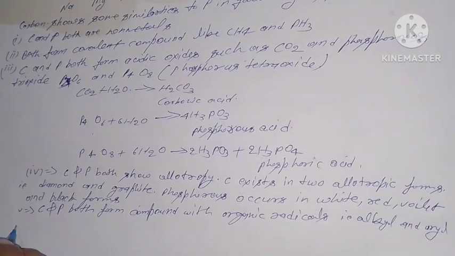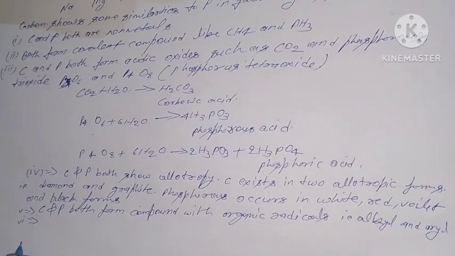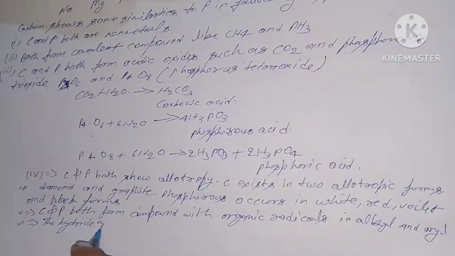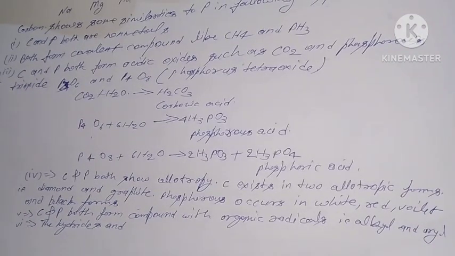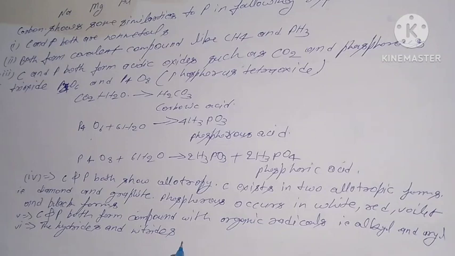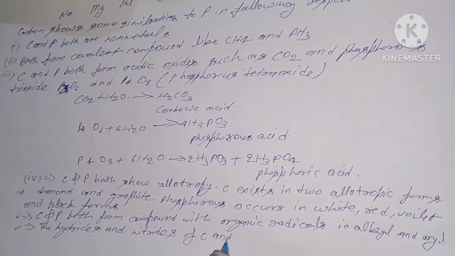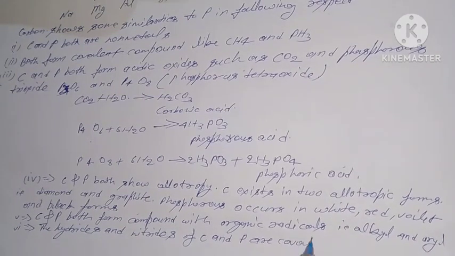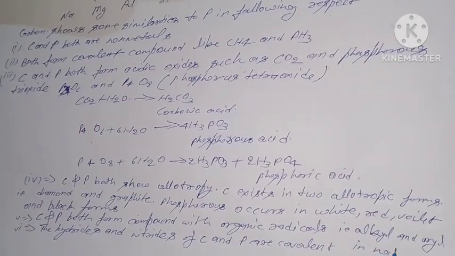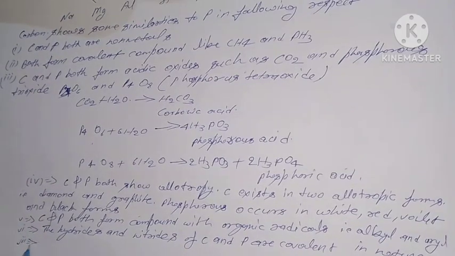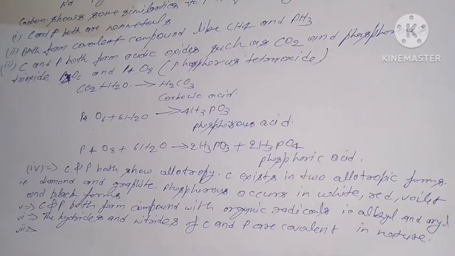Sixth point. The hydrides and nitrides of carbon and phosphorus are covalent in nature. Seventh point.